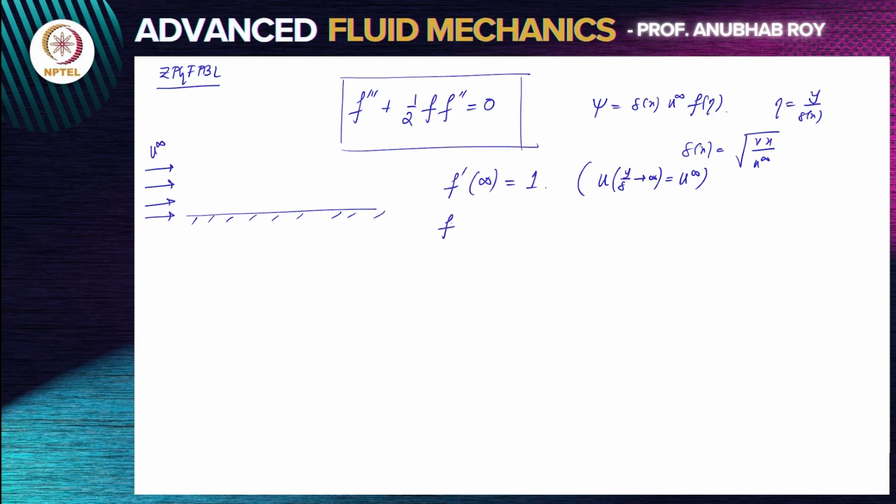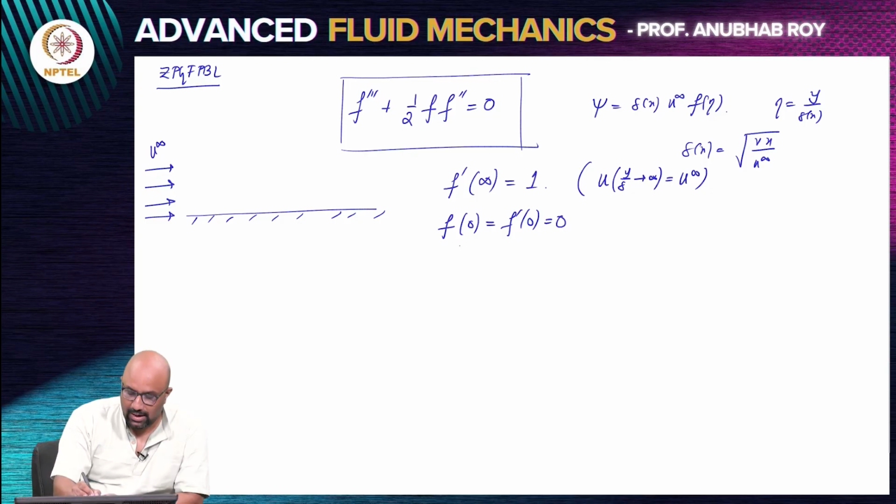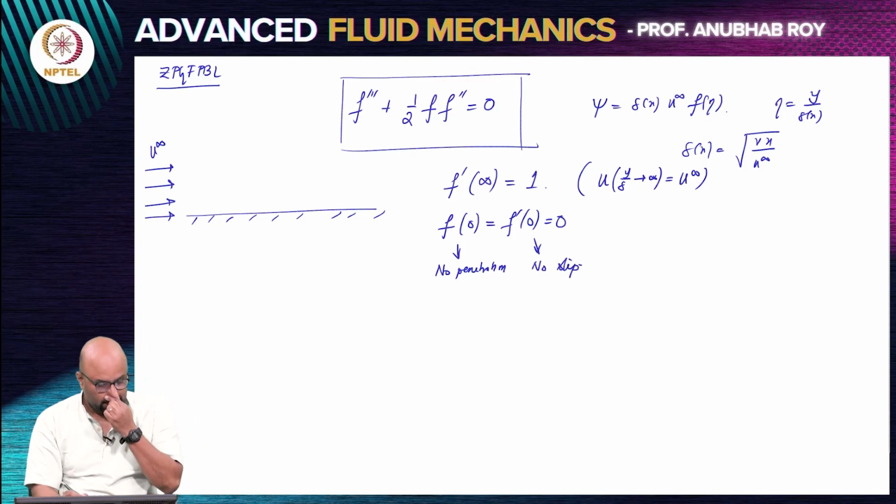And the other two boundary conditions are f of 0 is equal to 0 and f prime of 0 is equal to 0. f of 0 is equal to 0 comes from the fact that the boundary layer is a no penetration boundary. So, this is a location of 0 stream function, and f prime of 0 comes from no slip boundary condition.